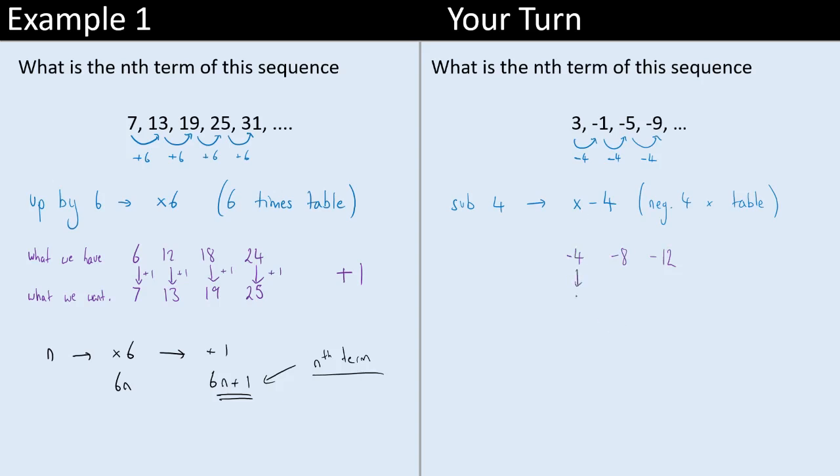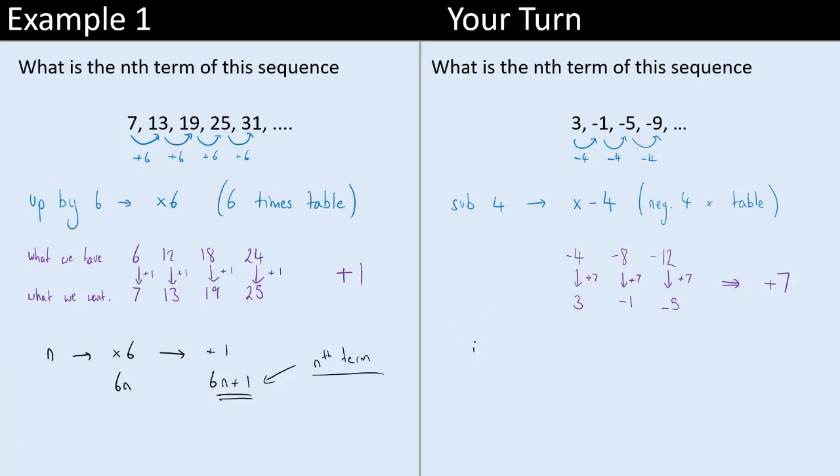I want that to be 3, -1, -5. And how do I get from -4 to 3? Well, I add 7. How do I get from -8 up to -1? I add 7. So that means that the second part of our sequence means that we're going to be adding 7.